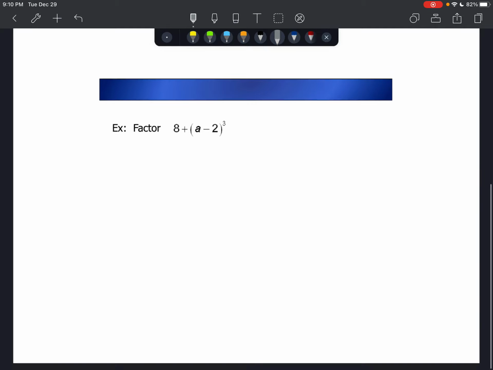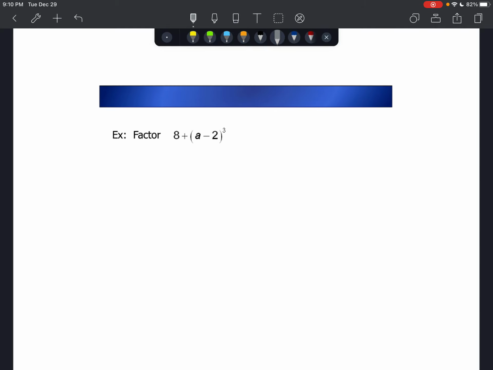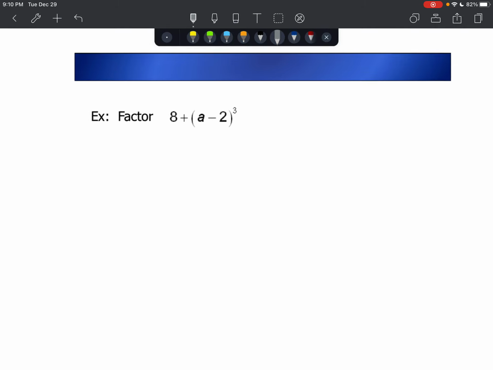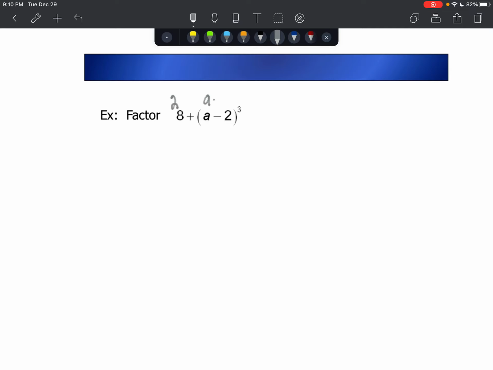Okay, let's try this next problem. Factor 8 plus a minus 2 quantity cubed. Okay, well, 8 is a cube of 2, and a minus 2 quantity cubed is a cube of a minus 2. So in my binomial, I'm going to write this big because I'm going to have that a minus 2. I'm going to have 2 and a minus 2. So bouncy, bouncy says 2 times 2.